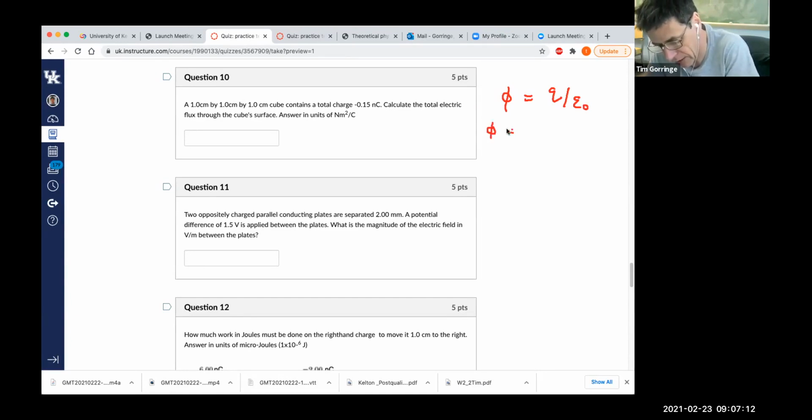So in this case, we've got minus 0.15 nanocoulombs of charge. We've got a permittivity of free space. It's 8.85 times 10 to the minus 12.